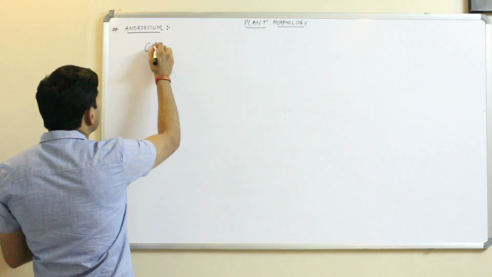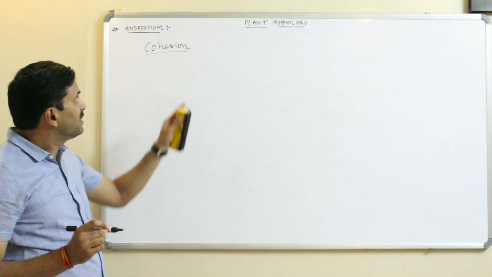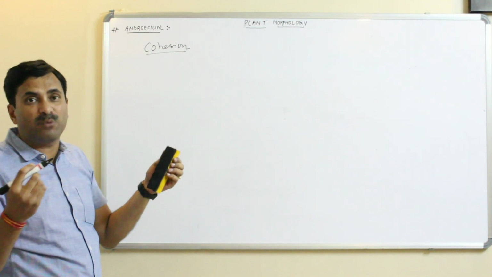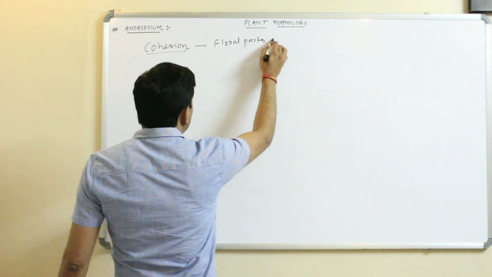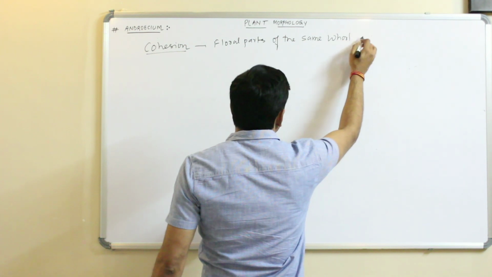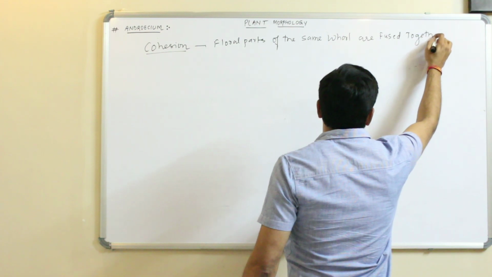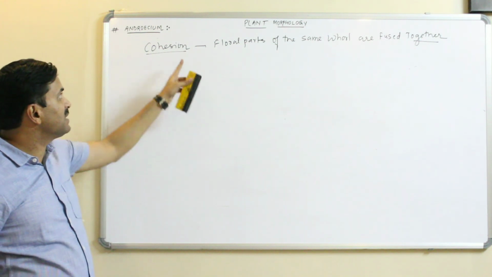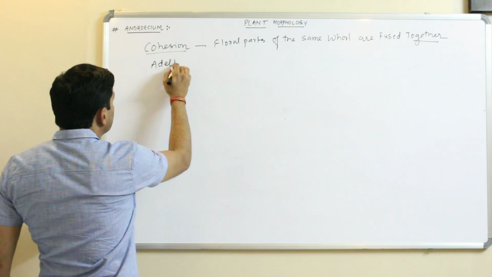Cohesion means the floral parts of the same whorl are fused together. Then this condition is called cohesion.